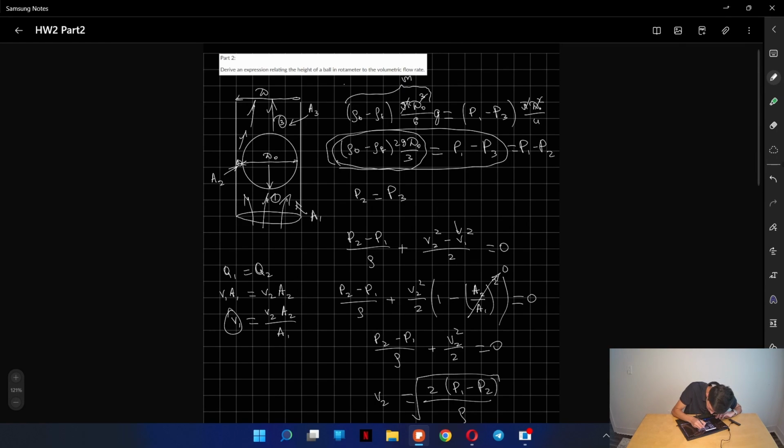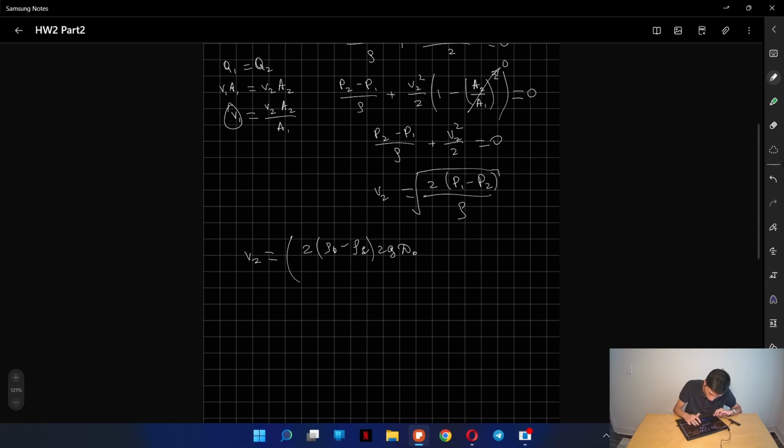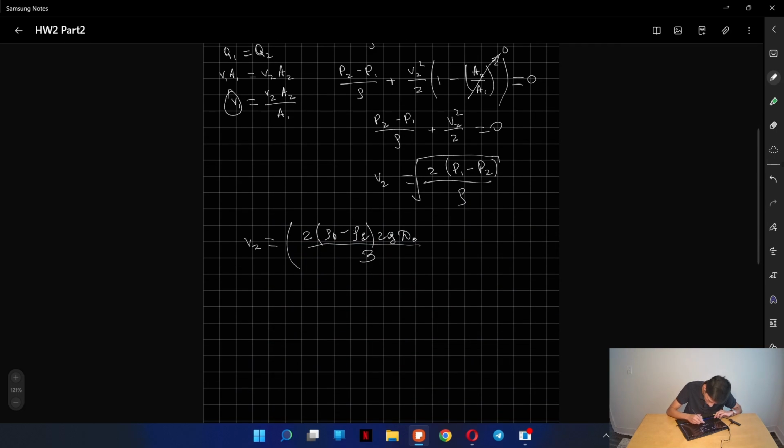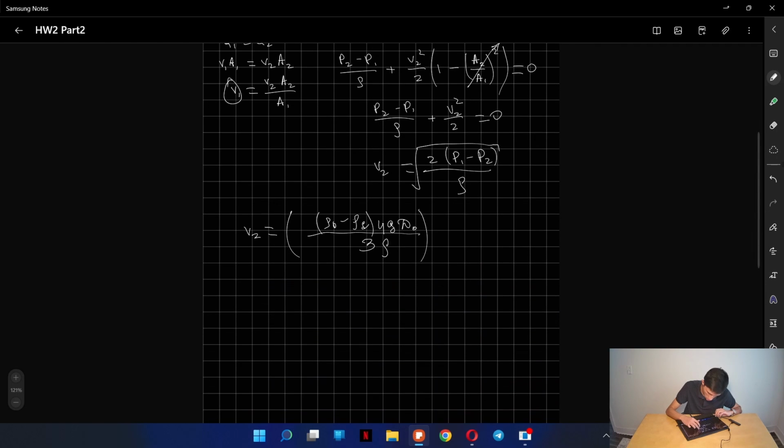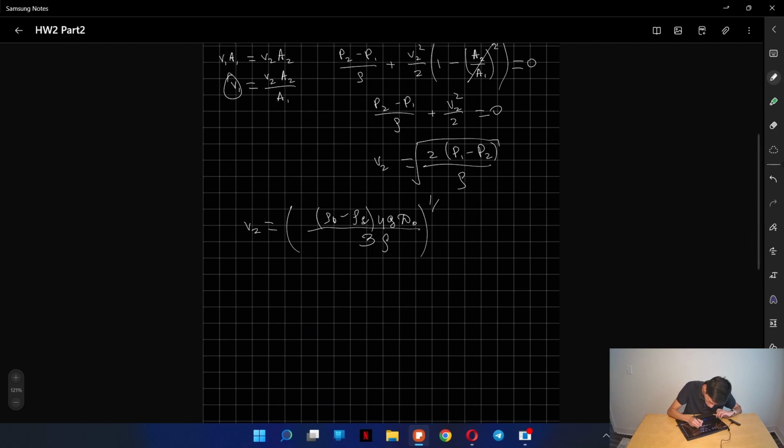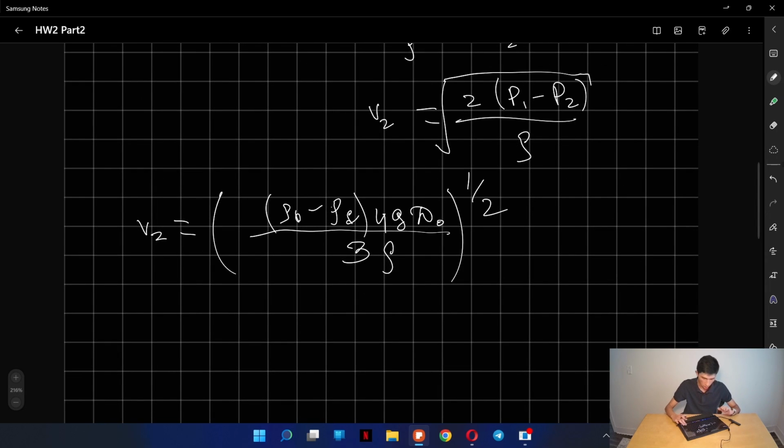I forgot the diameter of the ball here, over 3 rho. So I can multiply this 2 by this 2 and get 4 here, and everything raised to the power of 1 over 2, because it's the square root of it, right?